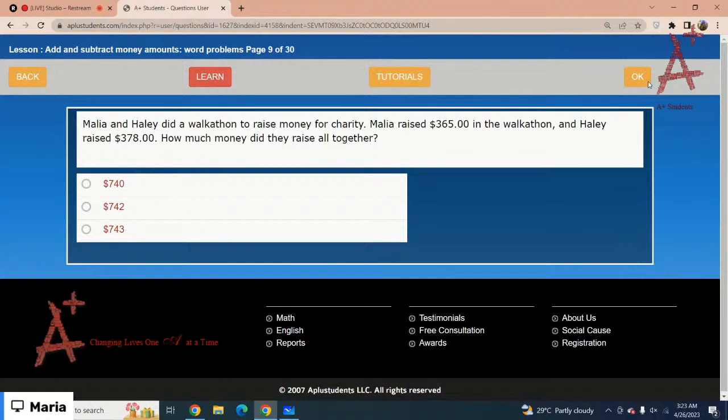So which is the correct option? When you add, it makes $743. The correct option is $743.